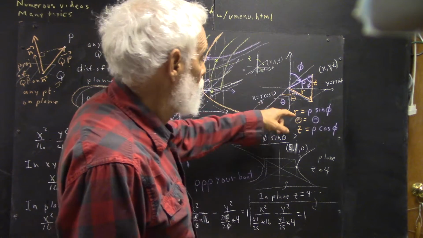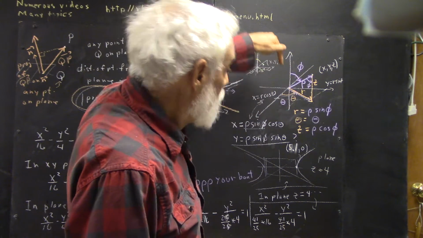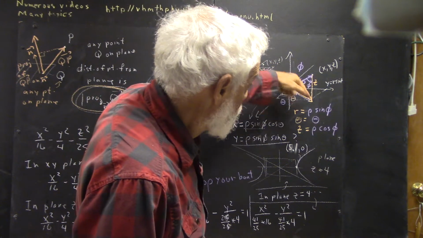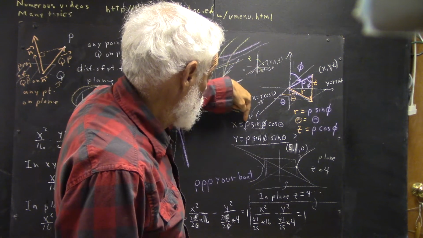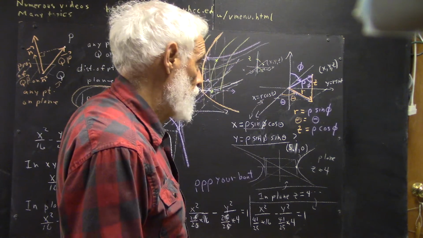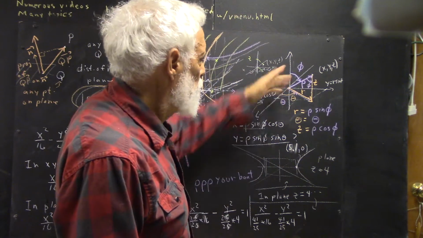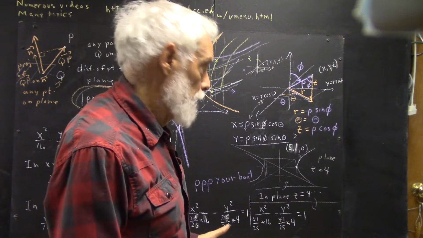Well, we can see it directly from this triangle, r is rho sine phi. So to get this side, we take r, which is rho sine phi, and multiply it by the cosine of theta, and we get rho sine phi cosine theta. Formally we can just replace r with rho sine phi, but we also want to be able to see it in terms of this picture. And it's not difficult to see.